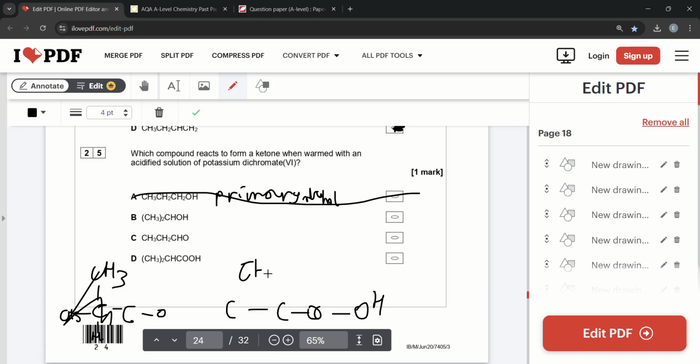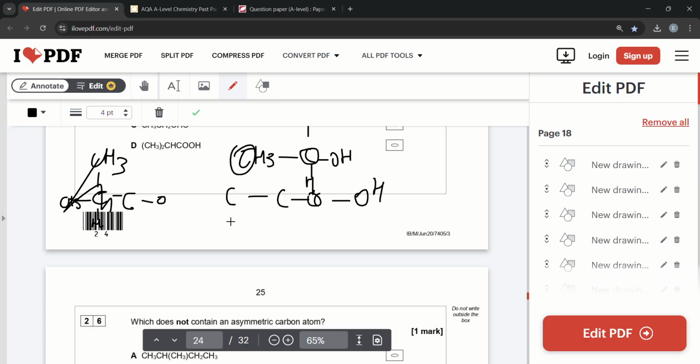You've got CH3, C, CH3, H, OH. Well, this OH group is bonded to this carbon, which is not a tertiary alcohol, it is a secondary alcohol. Therefore it is B, because it's a secondary alcohol.